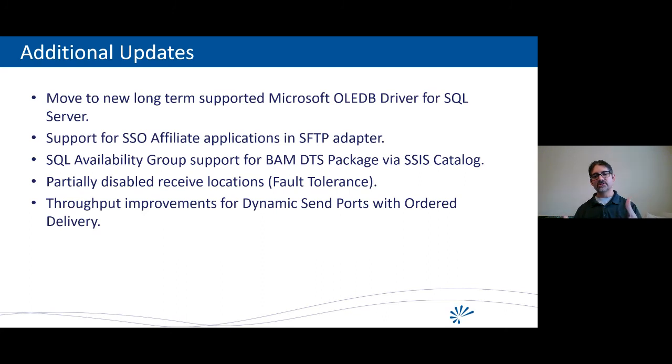So one will partially disable itself to allow one node to pick it up, and then they will go back and forth to pick up messages without creating a race condition between them. There are also throughput improvements for the dynamic send ports and ordered delivery through dynamic send ports, which are features that are occasionally used by workflows inside of BizTalk with orchestrations.